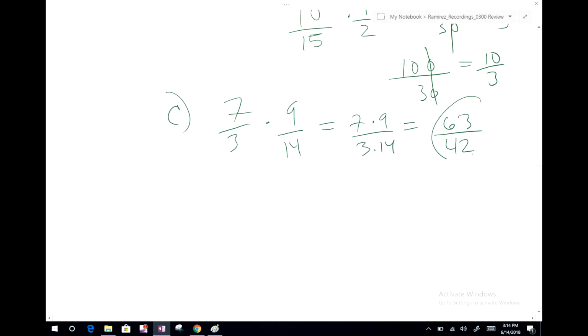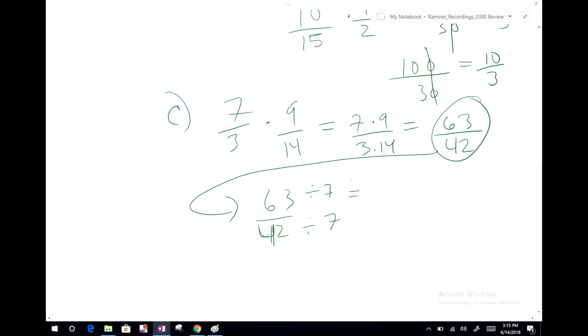And so then you must be wondering, well, can we simplify this somehow? Well, I can notice right off the bat that both of them have 7 in common. So we're going to go ahead and divide each one by 7. So 63 divided by 7 gives us 9. 42 divided by 7 gives us 6.